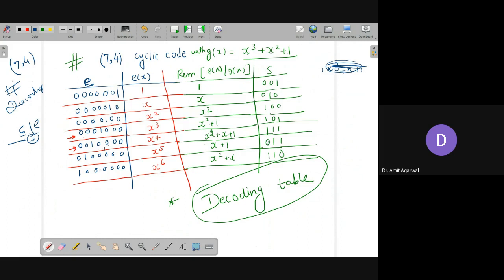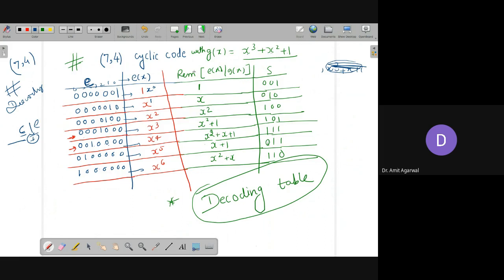Just write the corresponding error polynomial. It is easy, I have told you: positions 0, 1, 2, 3, 4, 5, 6. Here only x to the power 0 is 1. Here only x to the power 1 is 1. Here only x to the power 2, 3, 4, 5, 6. So these are the corresponding error polynomials.